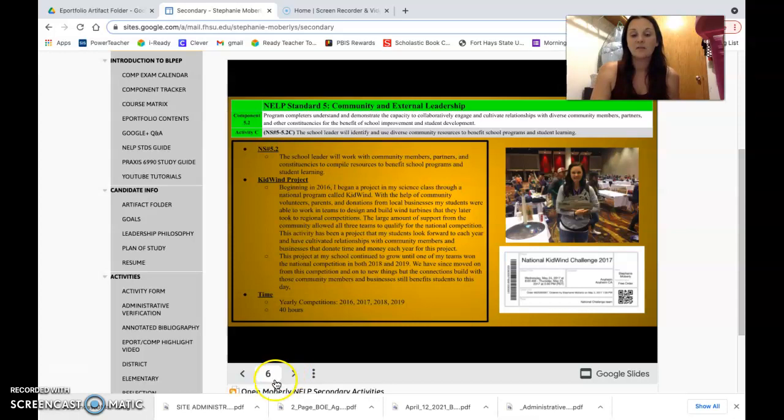For the years starting in 2016 through the next 4 years, I did what was called KidWind, and I did this within my class and found community volunteers to come work with our students. My students were working with power tools, so I had adult helpers with students working on this. I then had to coordinate a huge fundraising event because we qualified for nationals our first year.